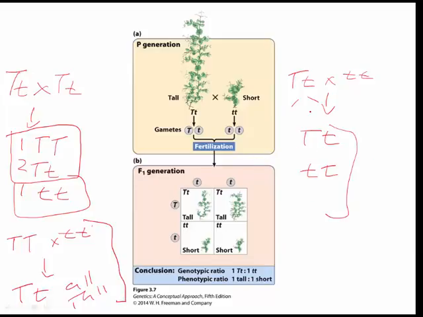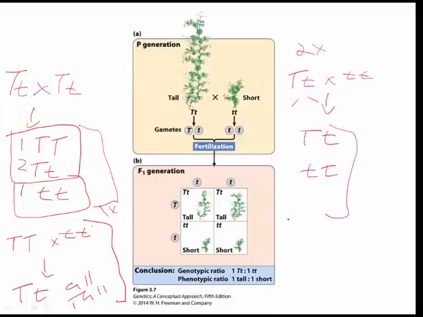And he actually got this result 2 times as much as he got this result. So what that told him was that 2/3 of the tall plants, the ones that showed the dominant trait, were actually heterozygous and behaved this way in a test cross.